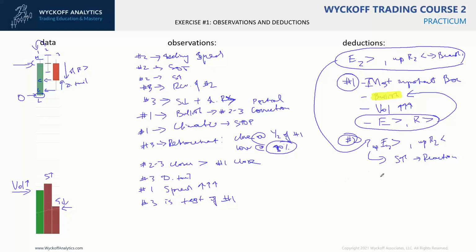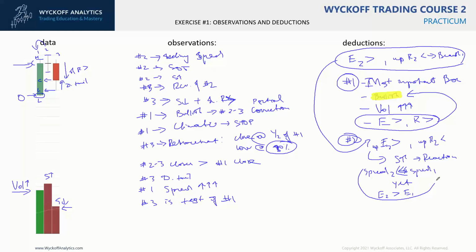So there could be other things that we could discuss here. For instance, the spread of bar number 2 in comparison to the spread of bar number one is definitely so much less. And yet, the effort of bar number two is slightly increasing over the effort of bar number one.